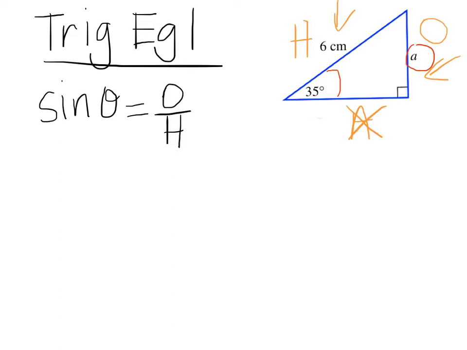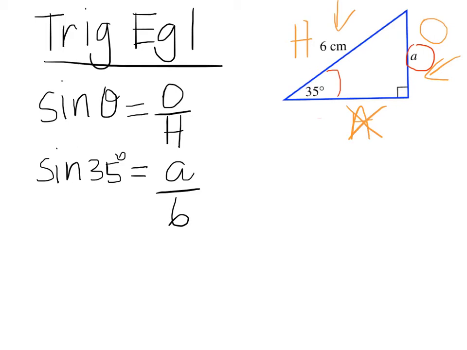Next thing to do is to substitute into the rule. So we've got sine 35 degrees equals A over 6.